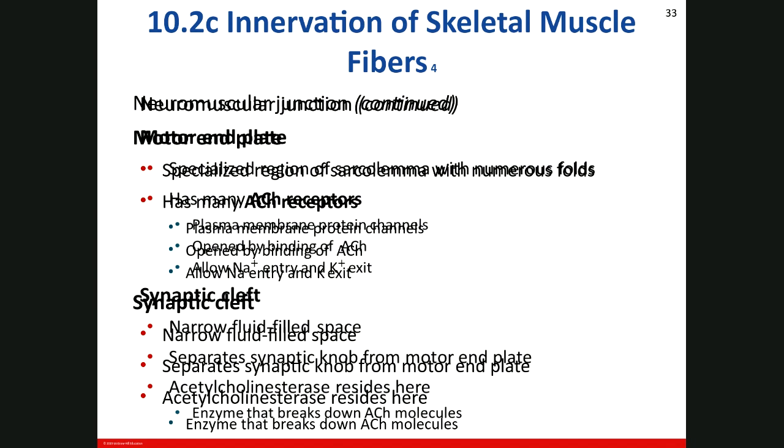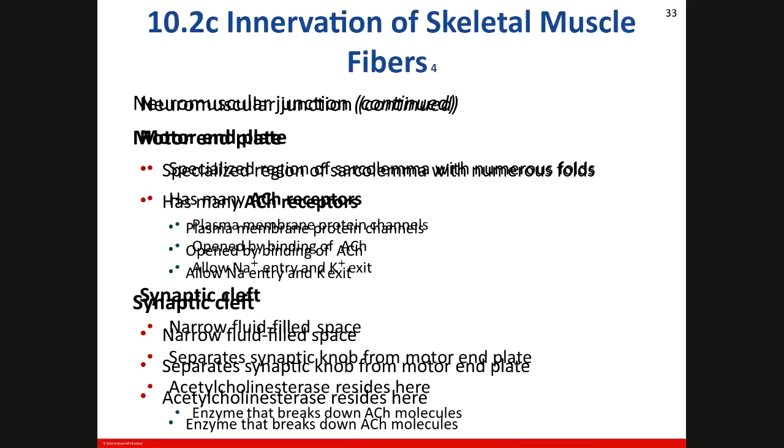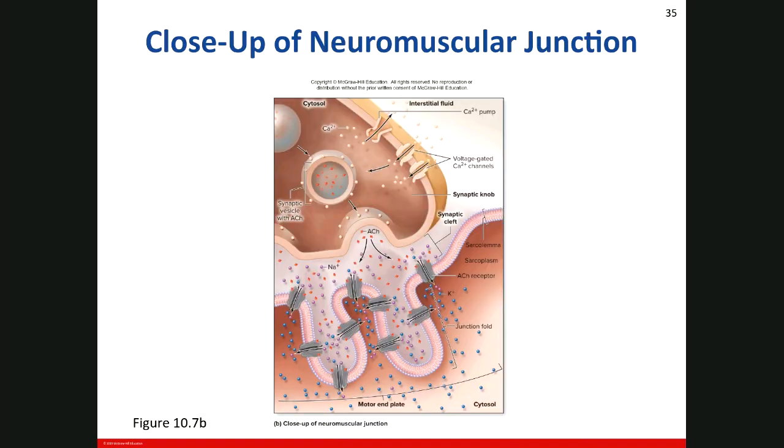And the next structure is called the neuromuscular junction. I don't know why this slide looks like this, but I will talk about this picture. This is the close-up of the neuromuscular junction. In the neuromuscular junction, or NMJ, you can see the axon terminal.